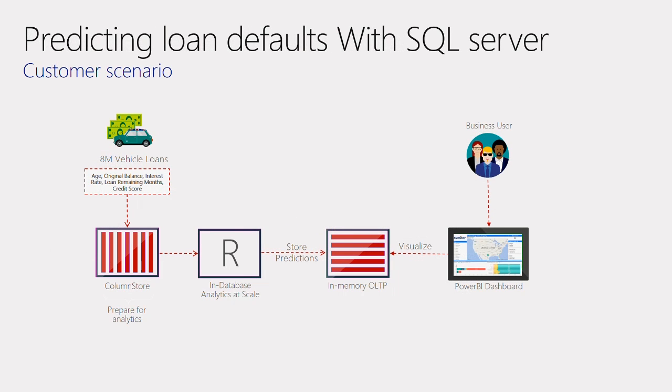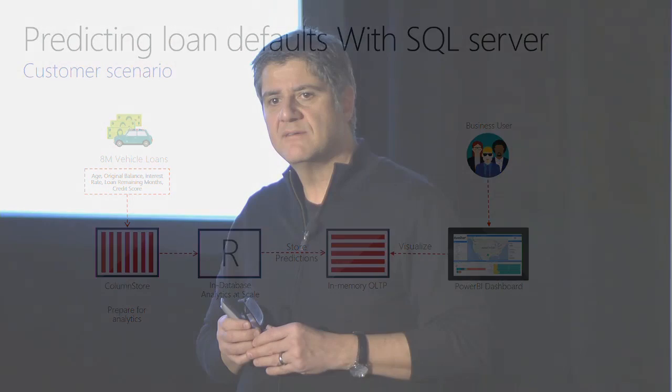One of our customers has actually implemented this using R. Vehicle loans happen everywhere. They're a very profitable business. A lot of people just use FICO scores to figure out if you're worthy or not. But that's very conservative, and people usually do really well with their car loans.